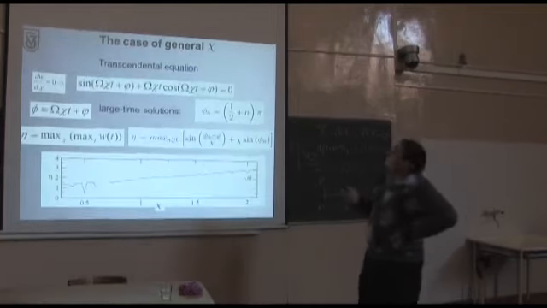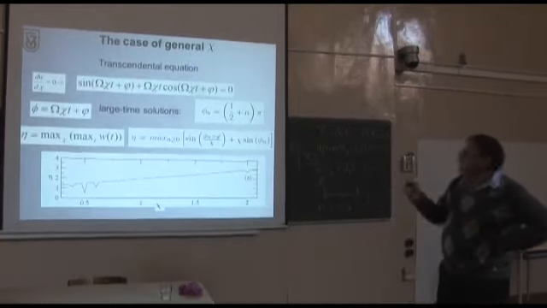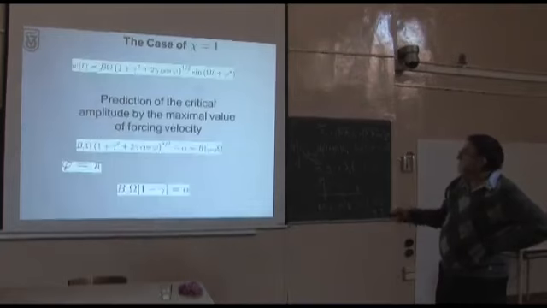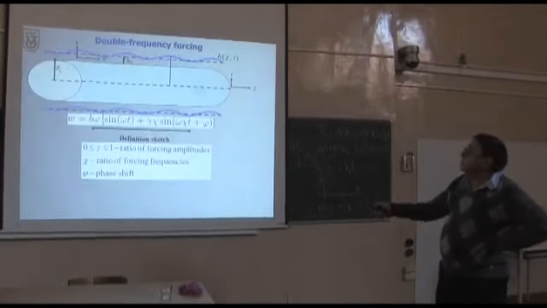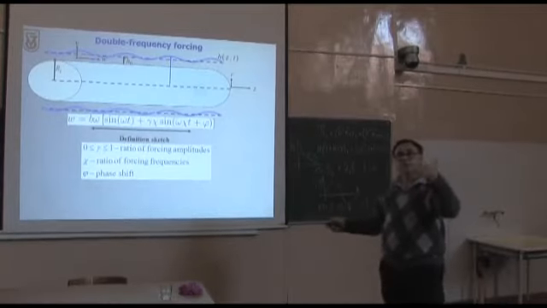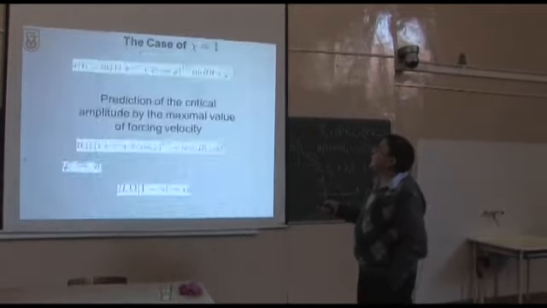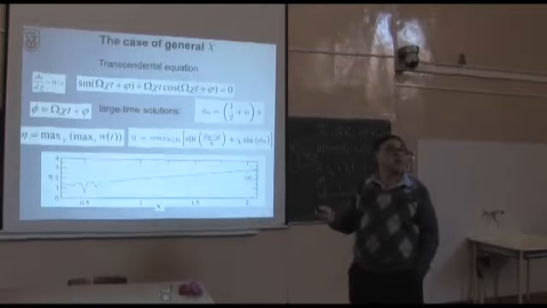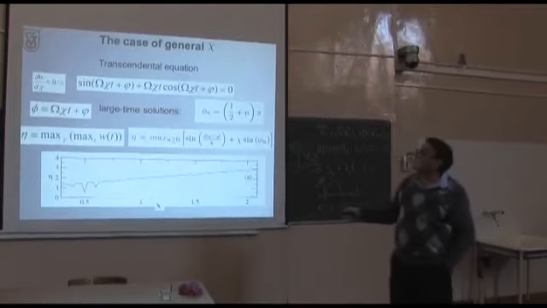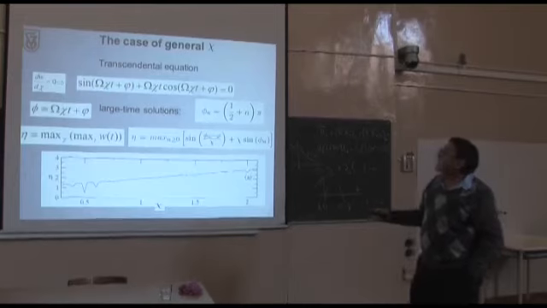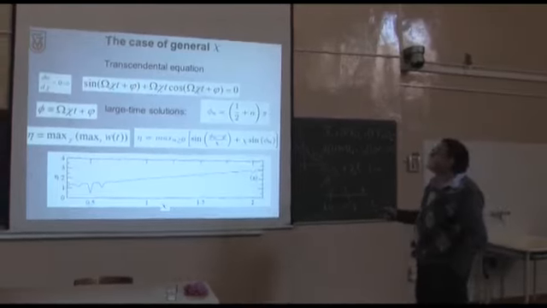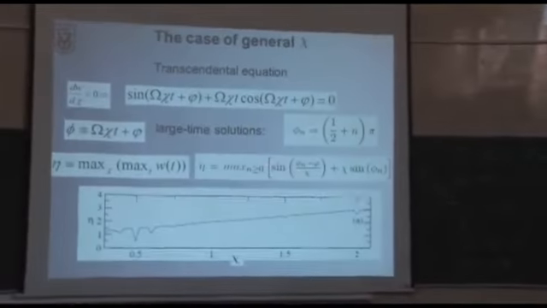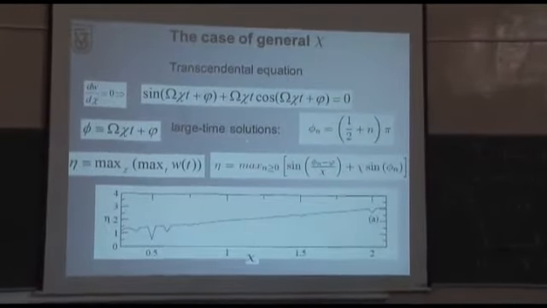So based on that, here is W. Wow, that long. We rewrite it in dimensionless form. And then we try to maximize or minimize this W as a function of chi. We get a transcendental equation which we cannot solve analytically, but we find large-time solutions, and these are phi_n like this.